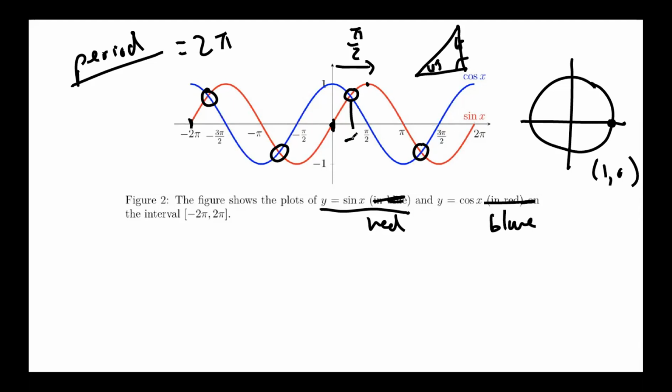So at pi over 4, this one is 5 pi over 4. This is -3 pi over 4. And -7 pi over 4.